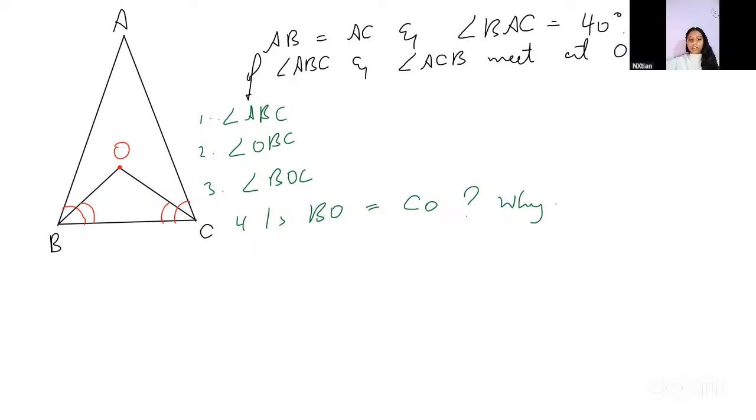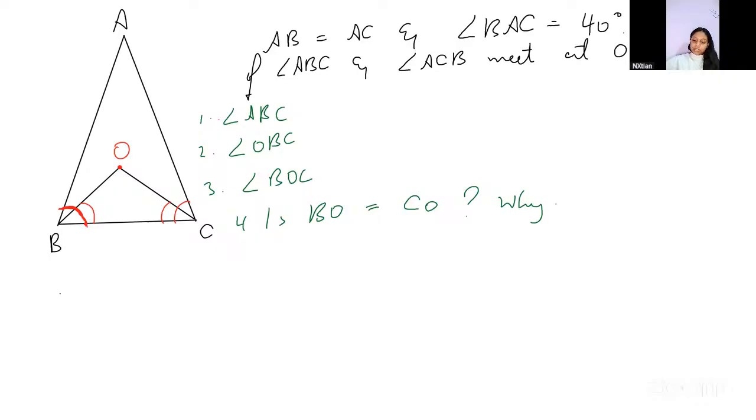Now, first we'll find out ABC. Angle ABC means which angle? This angle. This is ABC. Now, we know that AB is equal to AC.